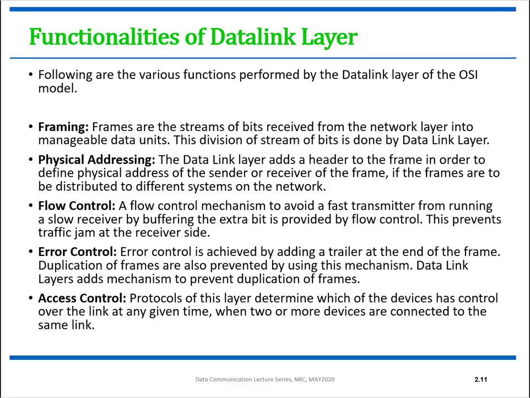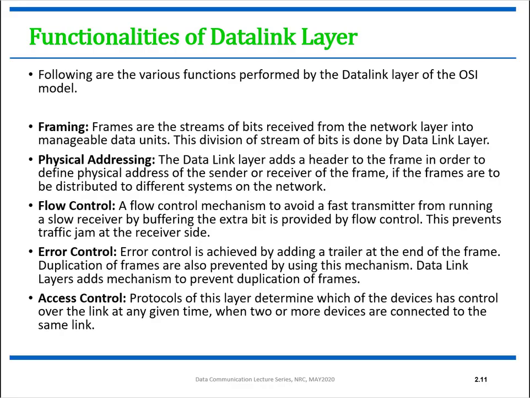The third functionality of the data link layer is flow control. As we know, the flow control mechanism is to avoid fast transmission. For example, I have the capability to send 5 Mbps data, but my receiver has the capability to receive 10 Mbps data, which is not possible for me to send because my capacity is 5 Mbps and the receiver capacity is 10 Mbps.